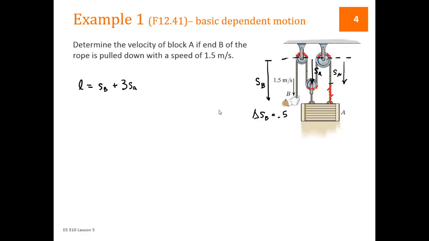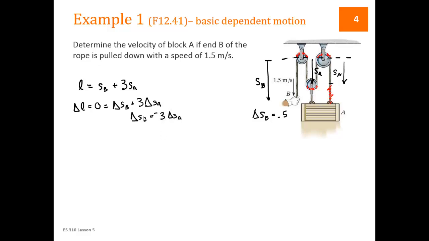Well, we can do that with differential elements, right? So the length of the rope isn't going to change. So delta L is going to equal 0. Is equal to delta SB plus 3 delta SA. Right? The change in SB plus 3 times the change in SA has to equal 0. So delta SB is equal to negative 3 times delta SA.